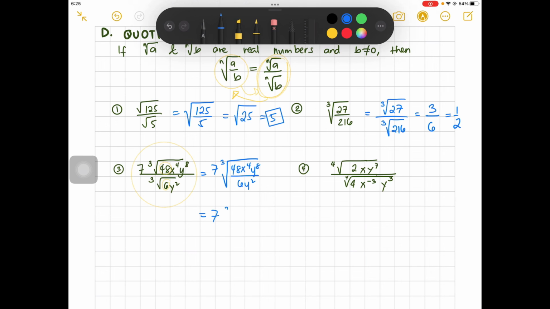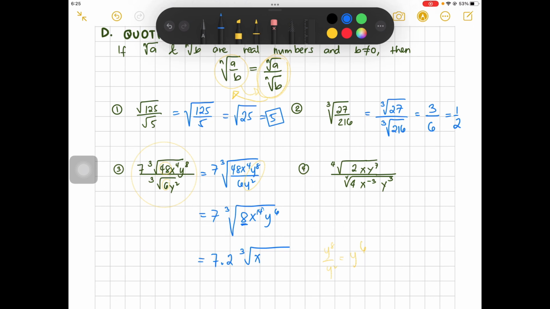So we simplify first. 48 over 6, that is 8. x raised to 4, and then y to the 8 over y squared, that is equal to y raised to 6. And then we have 7 times 8. 8 is a perfect cube. So ilabas natin 2.